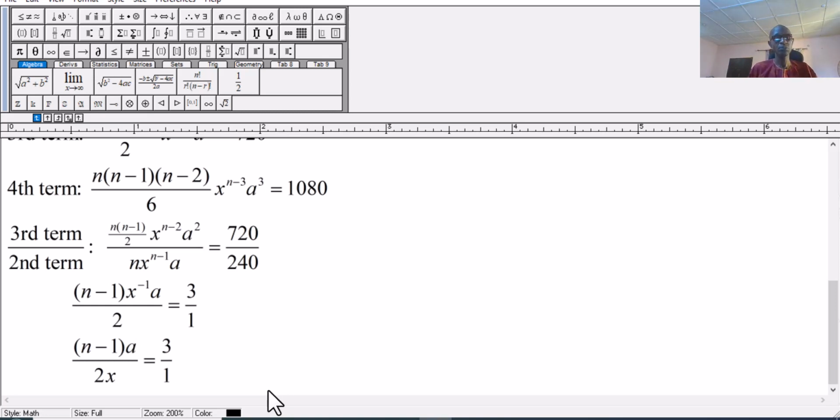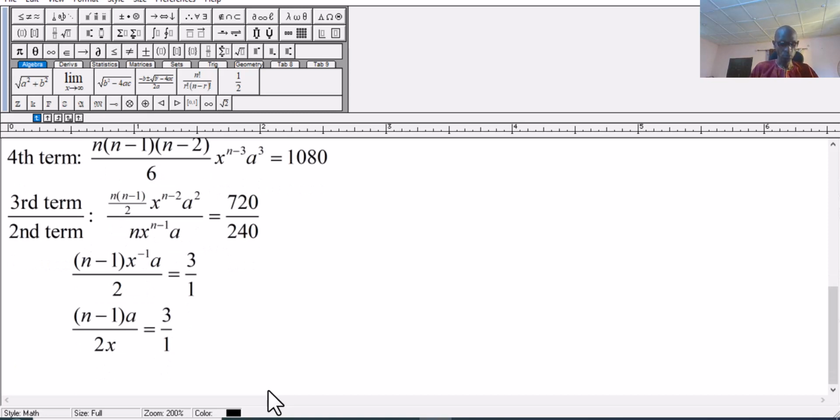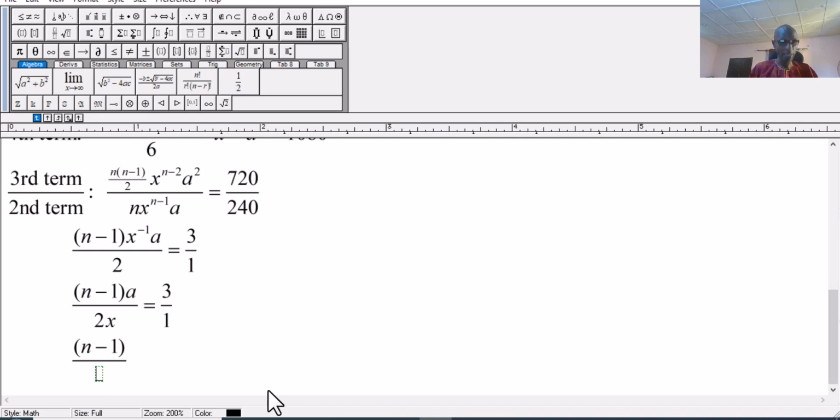When I bring that 2 over, we have (n-1) a all over x is equal to 6. So this is what we have for the first one.